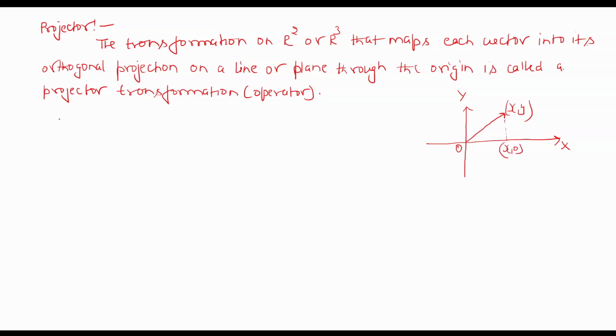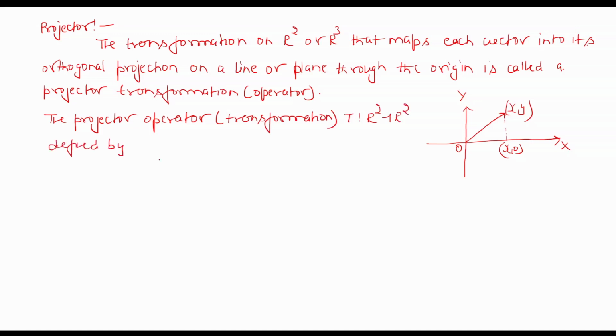So you can write the projector operator or transformation T from R square to R square defined by T(x, y) equal to (x, 0).